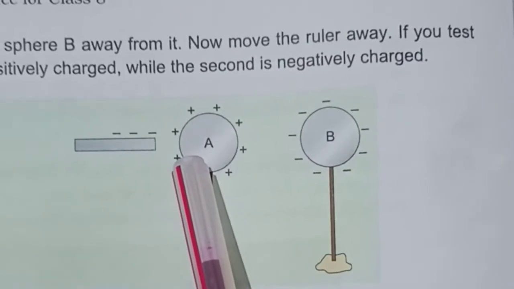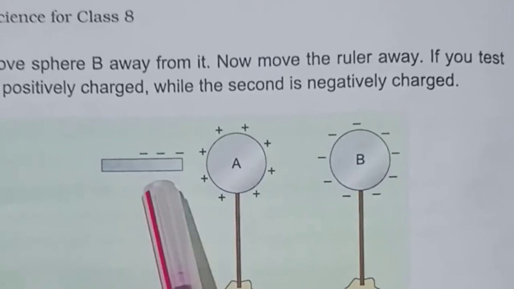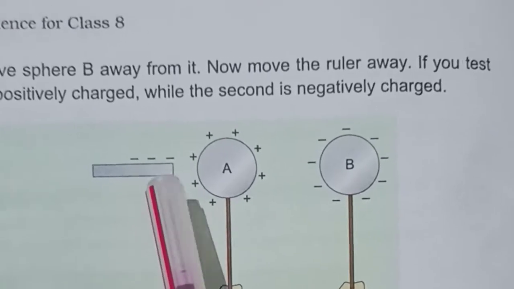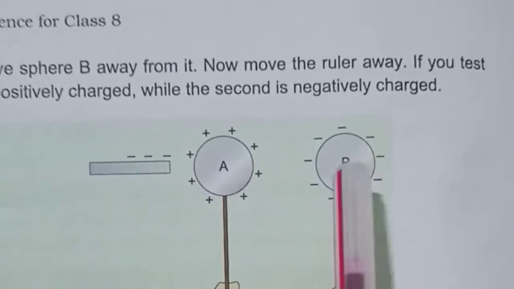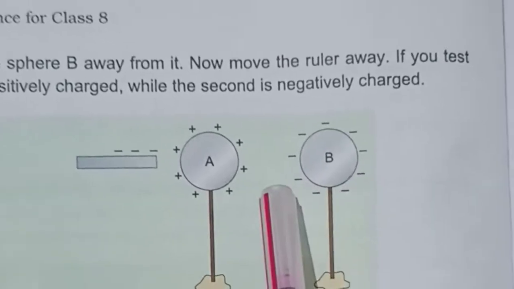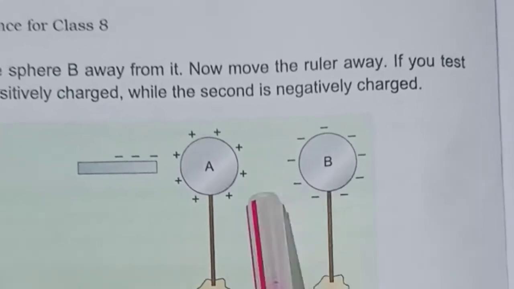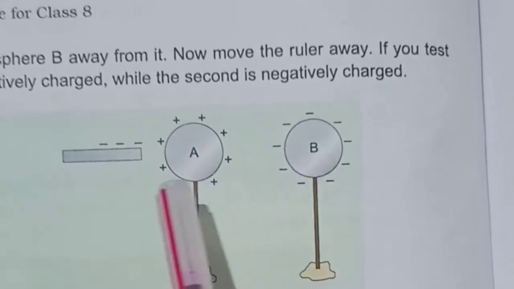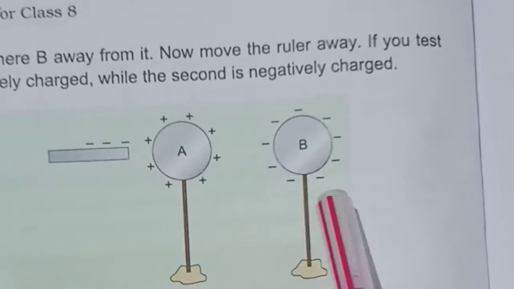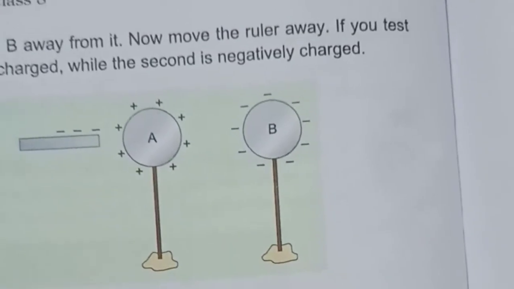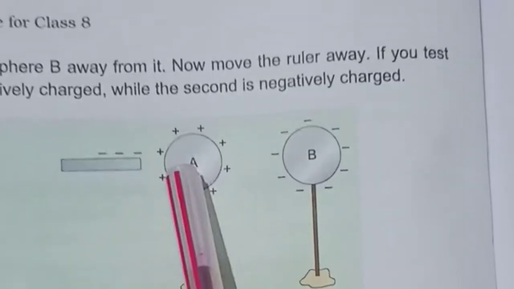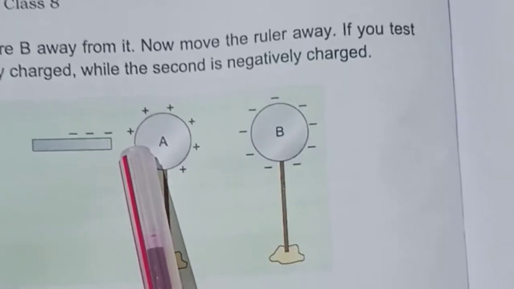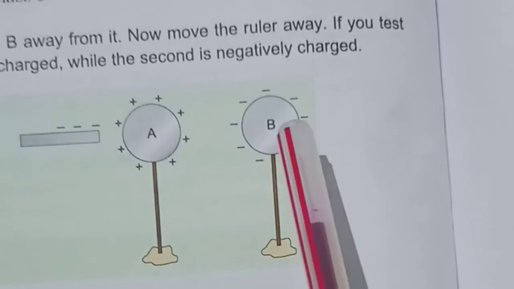Why? Because the negative charge of this plastic ruler is repelling. So when we take sphere B away from sphere A, the negative charge will remain here only. So sphere A acquires a net positive charge and sphere B acquires a net negative charge.